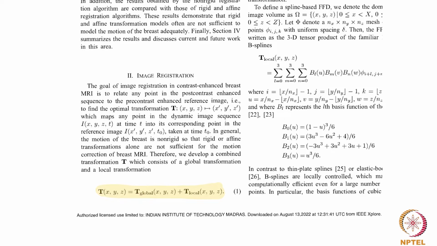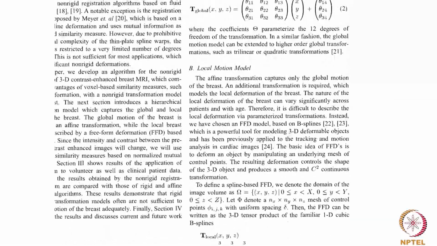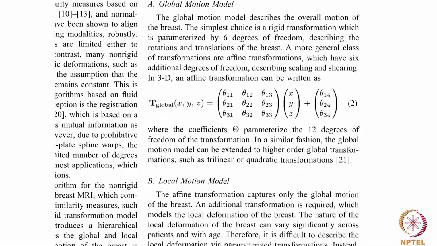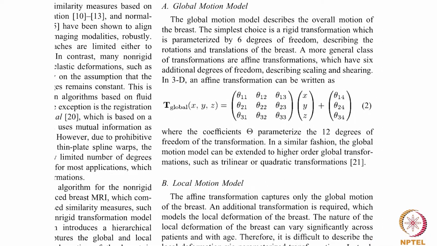So this is a combined transformation, but they are estimated independently. So what is the transformation? That is basically the global transformation. It's your familiar affine transform model. So that's what they are estimating. This affine transform model is estimated independently, according to at least this paper. You can just do this first.